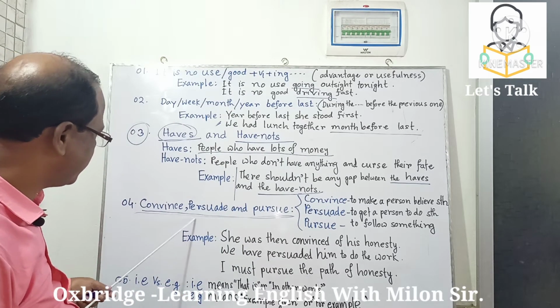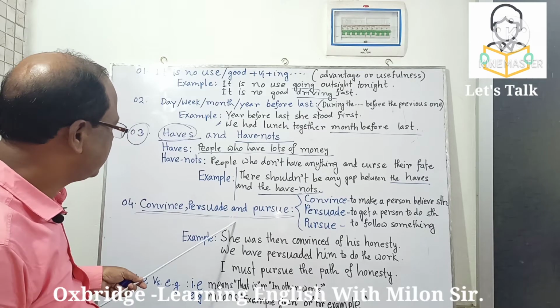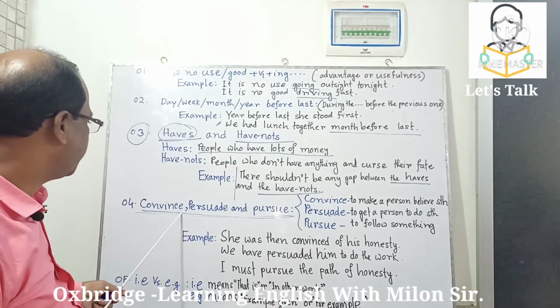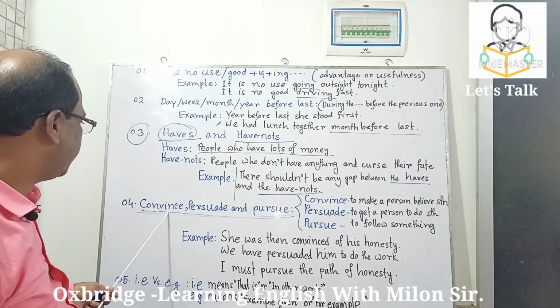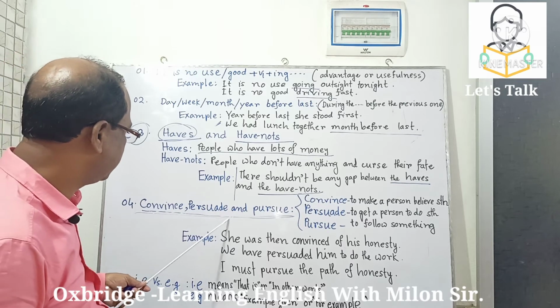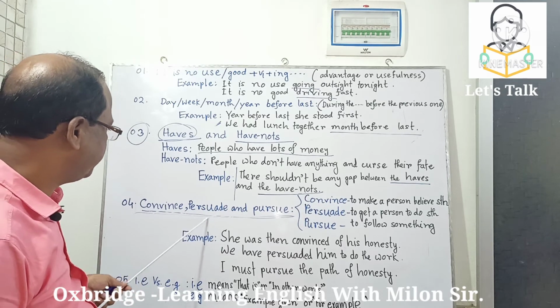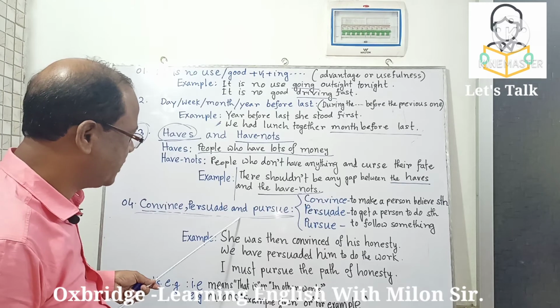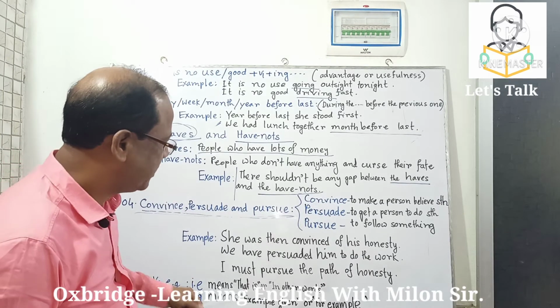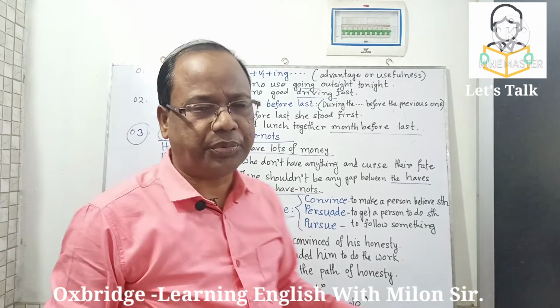Convince. Second one, persuade. And the third one, pursue. C-O-N-V-I-N-C-E, convince. P-E-R-S-U-A-D-E, persuade. P-U-R-S-U-E, pursue. So, what do they mean?